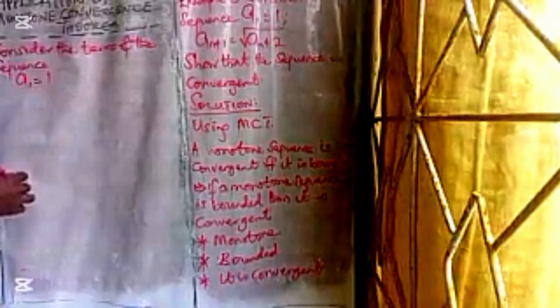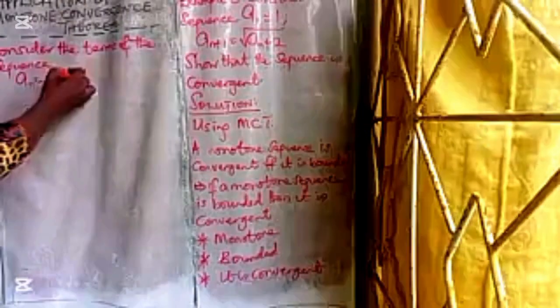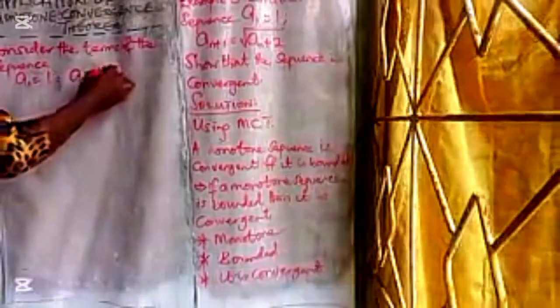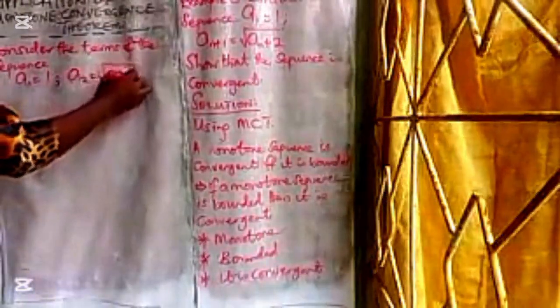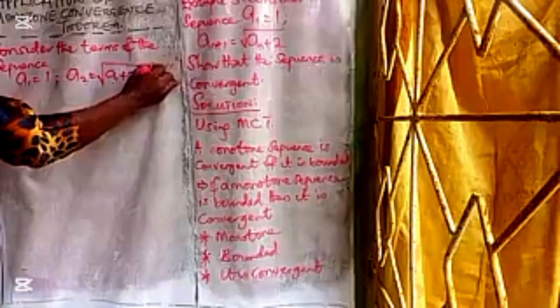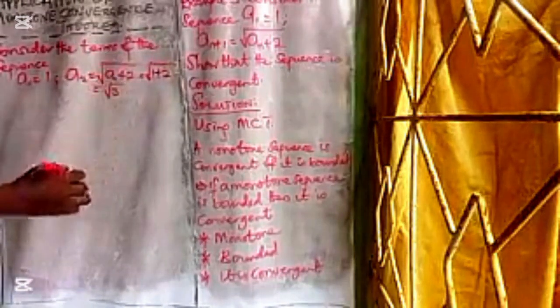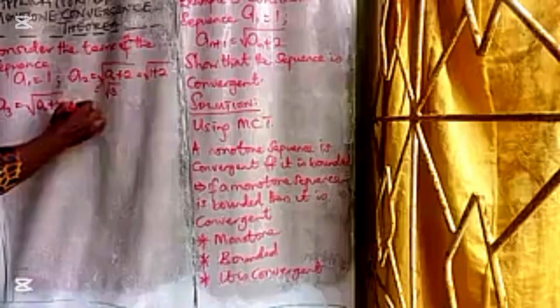a1 is 1. a2 will be equal to what? The square root of a1 plus 2, and that is the square root of 1 plus 2, that is the square root of 3. a3 will be the square root of a2 plus 2, and that is what?